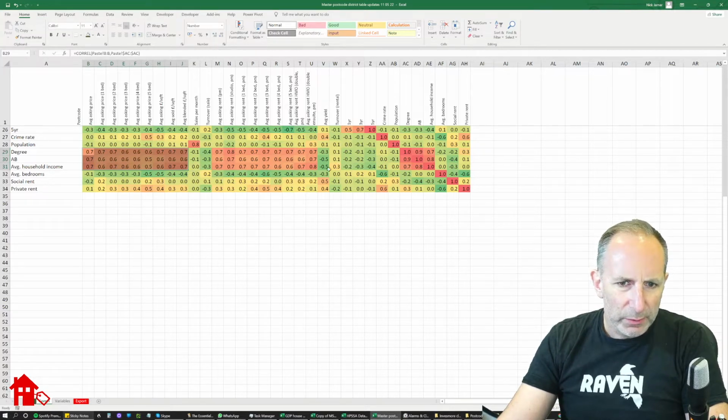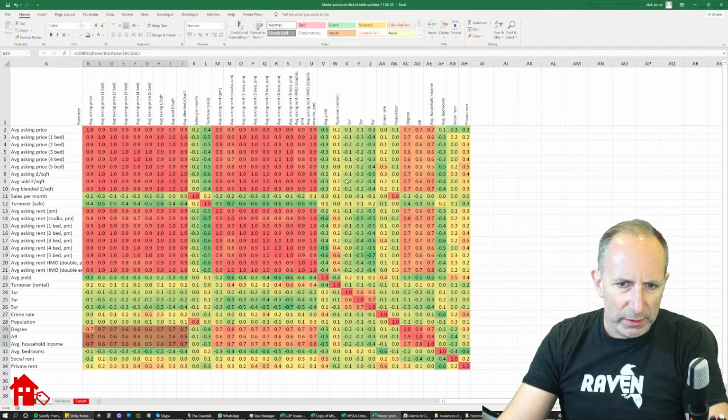How does that work? Well, it looks like with yield, the most interesting correlation is, well, there are several interesting correlations around house price.